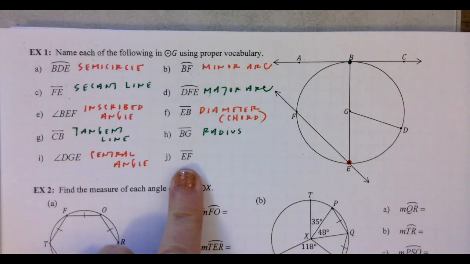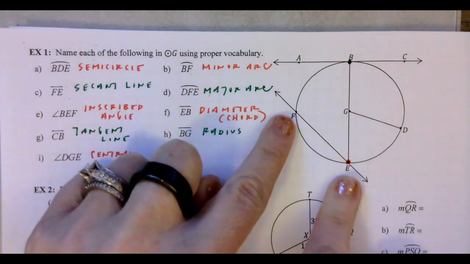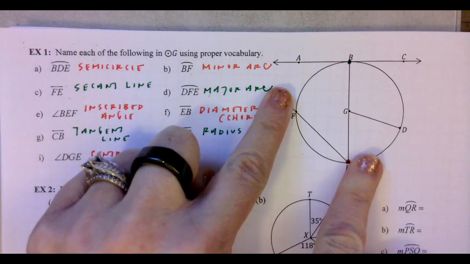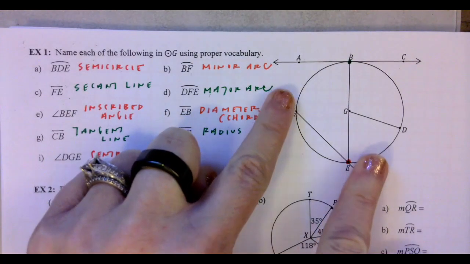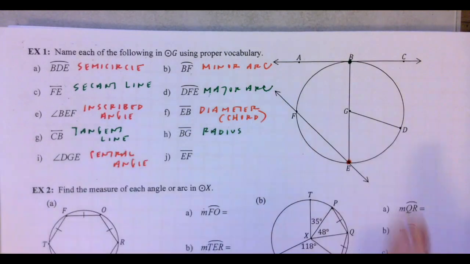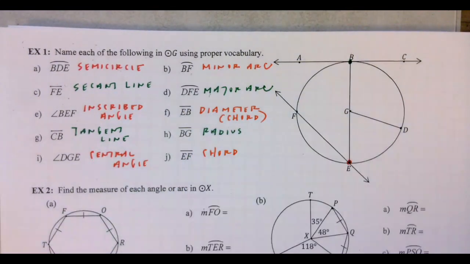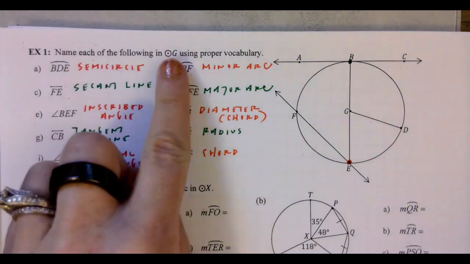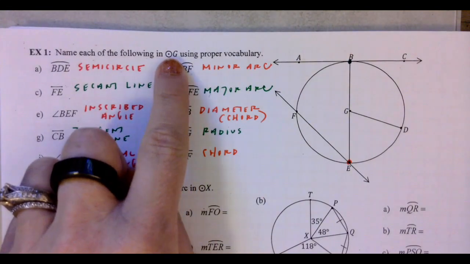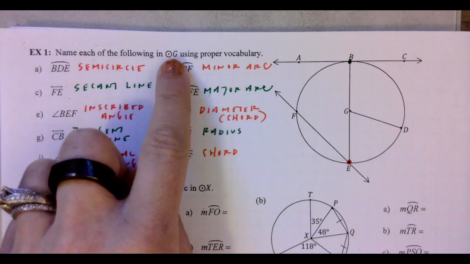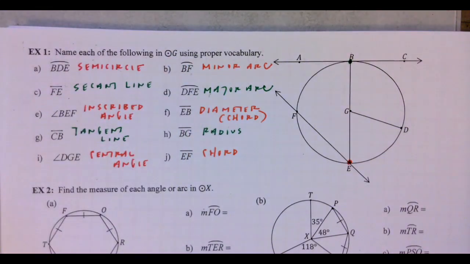Okay, last segment, EF. So EF, right, it's segment notation. So I'm reading it from here to here. So I have endpoints on my circle. That would be just a chord. All right, we should be good with notation and vocabulary. And whenever we name a circle like this, we're saying that G is the center of that circle. All right, next up.